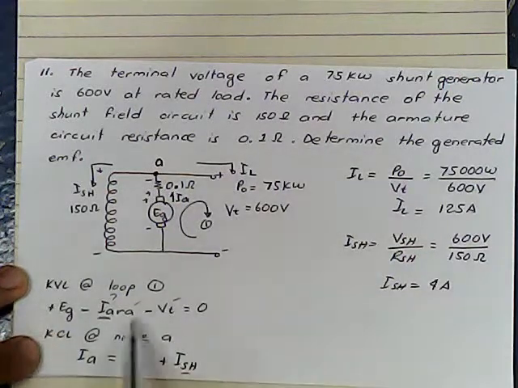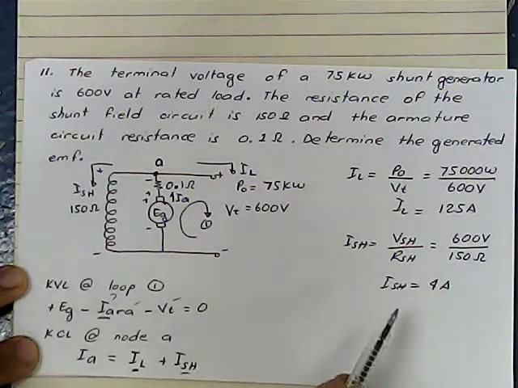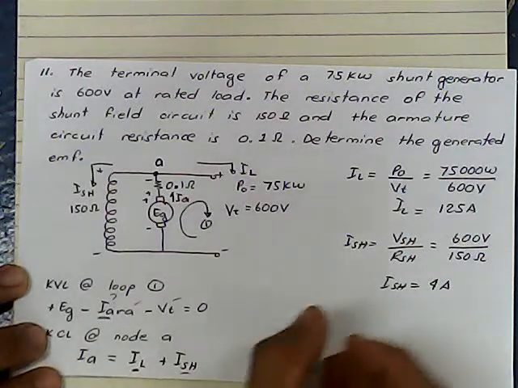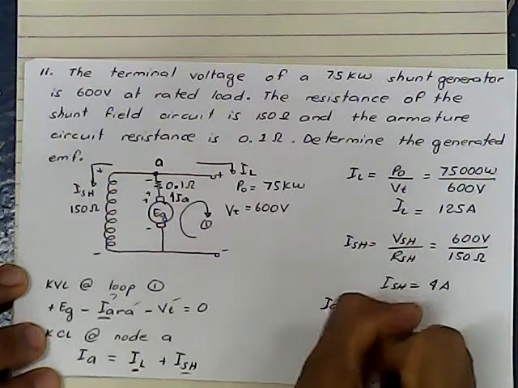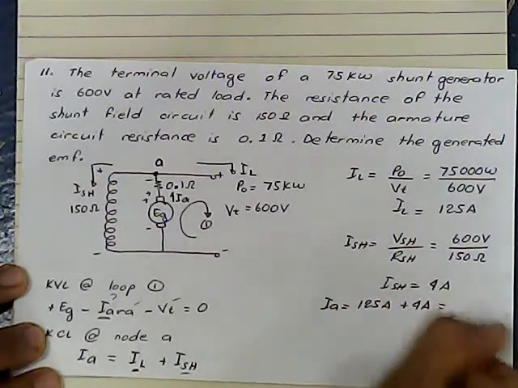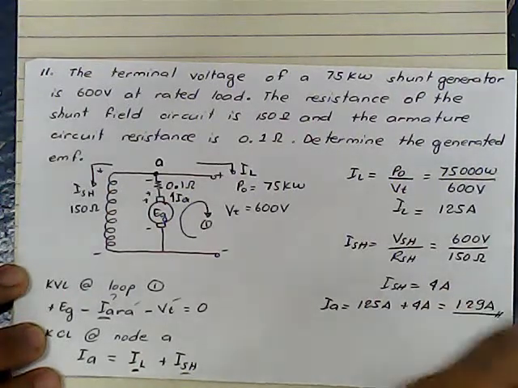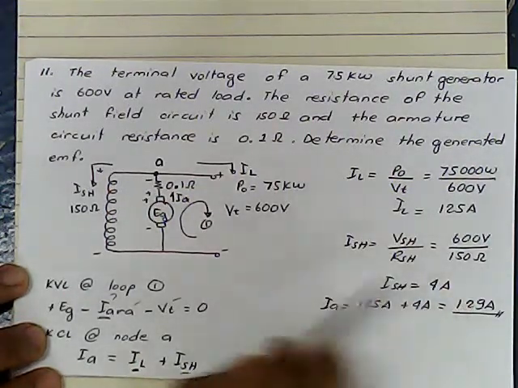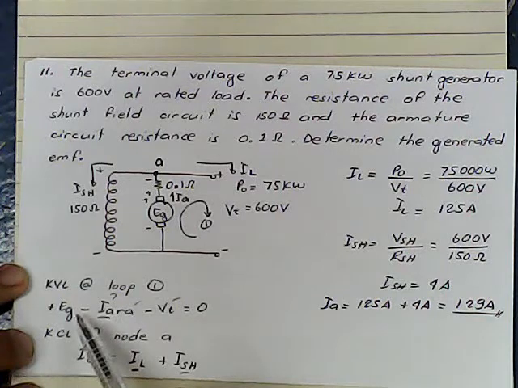Yan. So, pwede na natin mahanap ngayon yung IA. That is IL, 125 plus 4 amperes. So, IA is equal to 125 amperes plus 4 amperes. This will give us 129 amperes. Ngayon, itong IA na ito, pwede na natin siyang ilagay dito in order to determine what is EG.